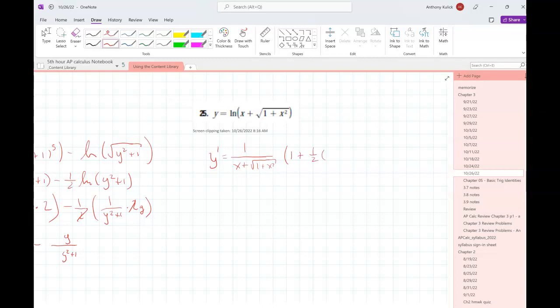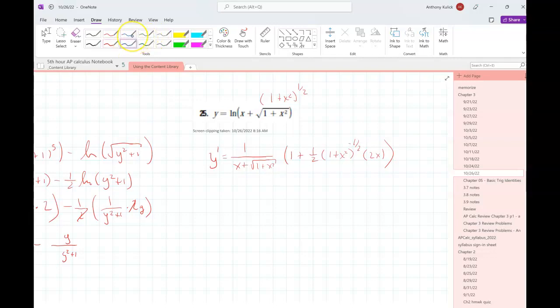So the derivative of the outside is going to be 1/2 the inside to the negative 1/2, and then times the derivative of that inside. That's because if you got rid of the square root and did 1 plus x squared, it would be to the 1/2 power. Yes, and then bring it down and subtract. Yes, 100%. That's exactly what we're thinking of.